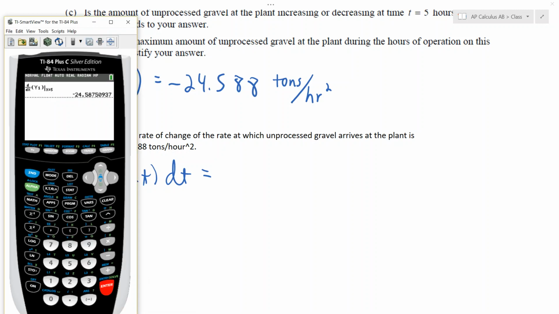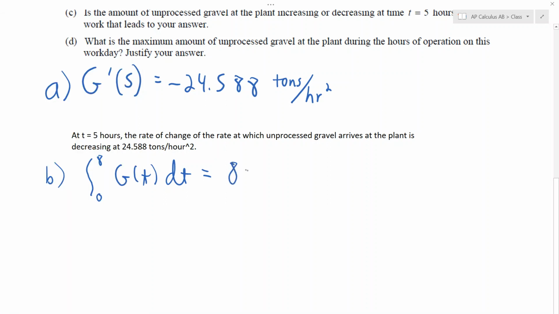Open up math 9, 0 to 8. Did you guys do this? This was an easy one. Kaboom. With respect to x, it's going to spit out a number. Does it say to the nearest anything, or just says how much? So 825.551. What are the units on that?